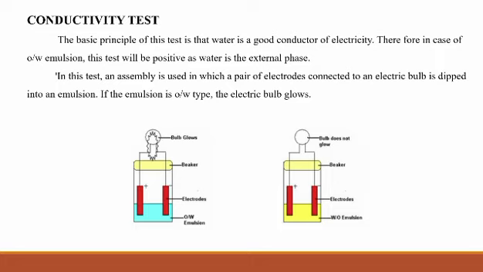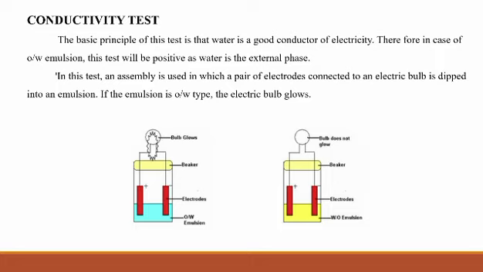Here in the picture we are taking water in a beaker, and it contains two electrodes. One is the cathode and the other is the anode. The cathode and anode are joined with an electric bulb. We have to dip both the electrodes in the water and connect it with the electric current.